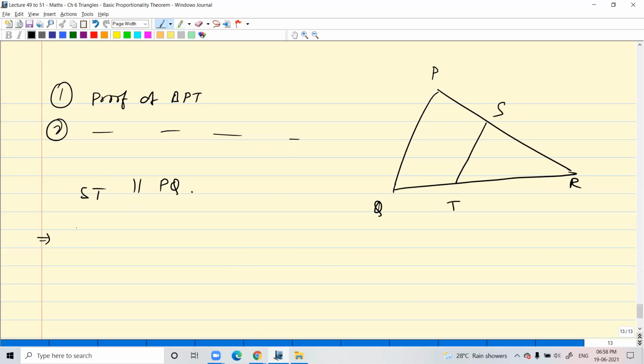Now you give me directly from the BPT, what do we get? RS by SP is equal to RT by TQ. Is that right? That's what you said?